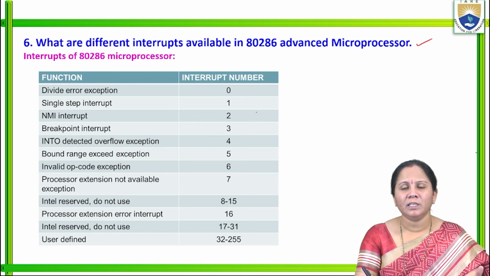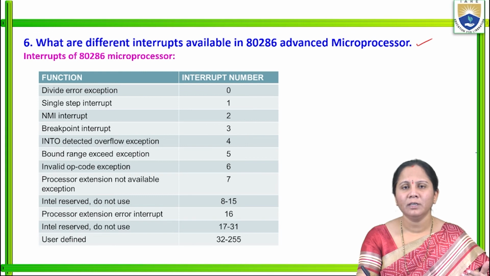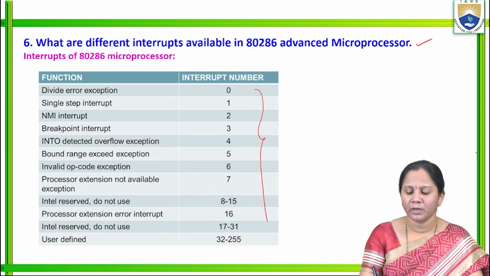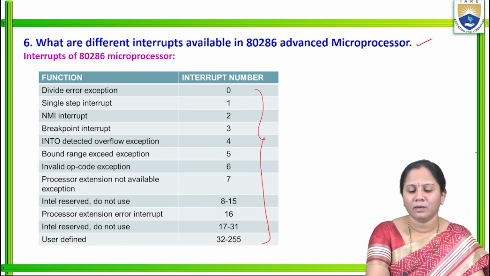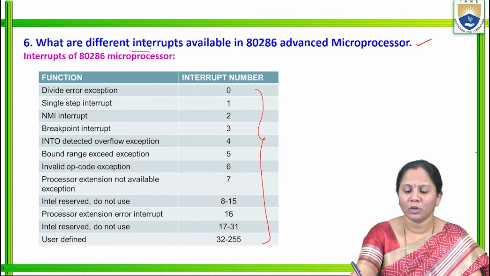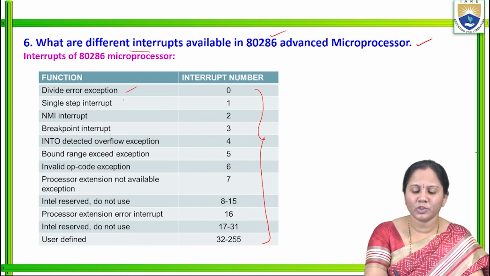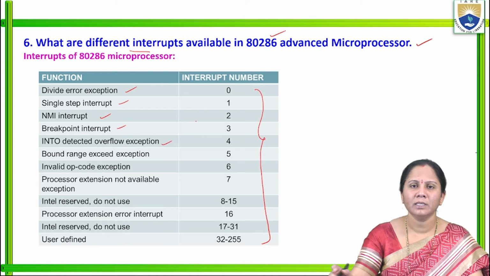As we have seen in the interrupt vector table, other than dedicated interrupts, after that classification, the remaining interrupts are called reserved interrupts. Why? Because they are reserved for advanced microprocessors. So all these are the different interrupts that are available in 80286, and here the function of each interrupt is given.